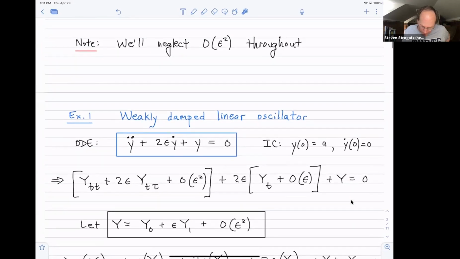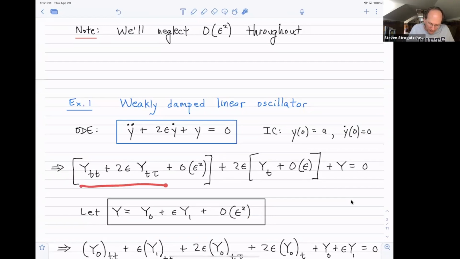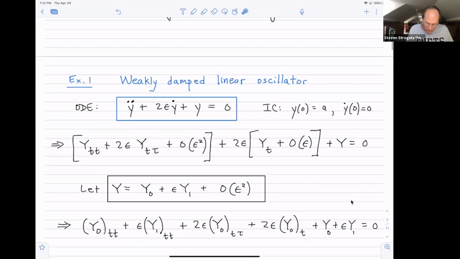And then if we further do what looks like regular perturbation theory on y, writing it as y0 plus epsilon y1, again ignoring the order epsilon squared, plug all of that into here and collect terms of different orders. So we're left with, after the substitution, this expression here.